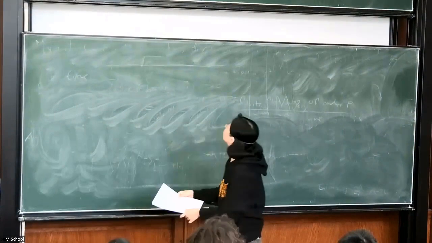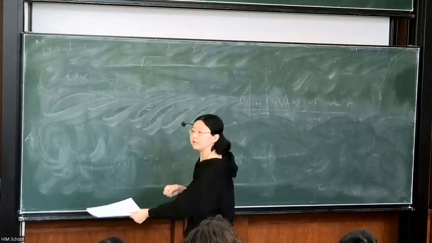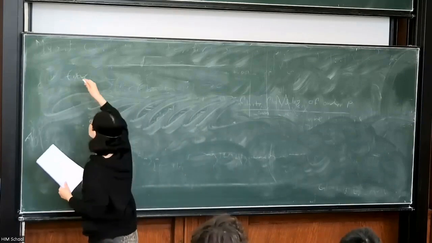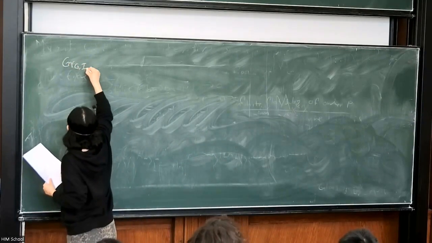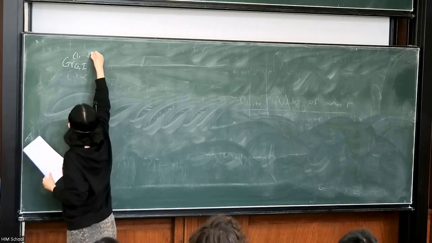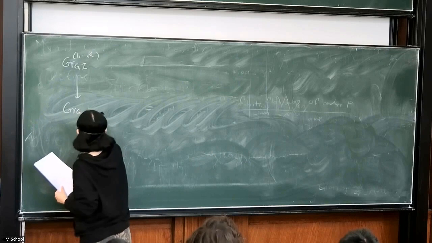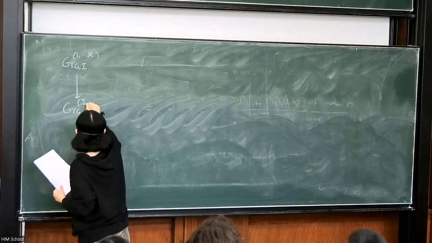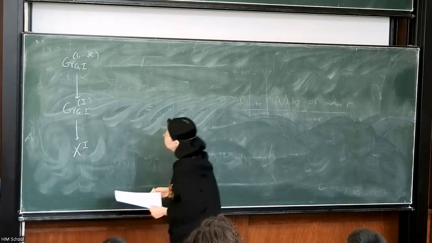And as yesterday, we have the map from the one with intermediate modification to the one without intermediate modification. So everything is over I copies of the curve.